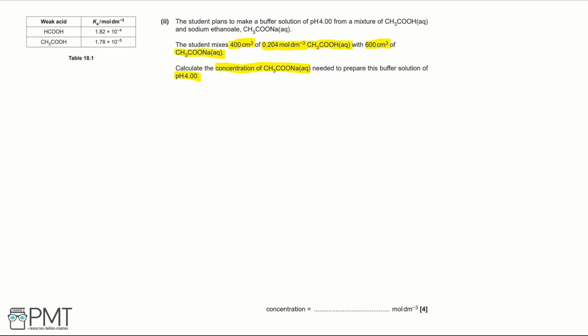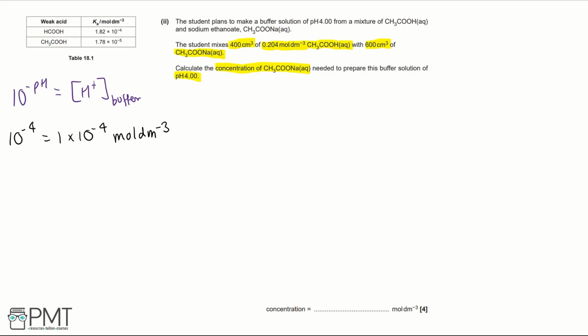So like the previous question, we're going to use the equation of 10 to the minus pH is equal to the concentration of H+, but this is going to be the concentration of H+ in the buffer. So calculating this, we get 10 to the minus 4, which equals 1 times 10 to the negative 4 moles per decimeter cubed.